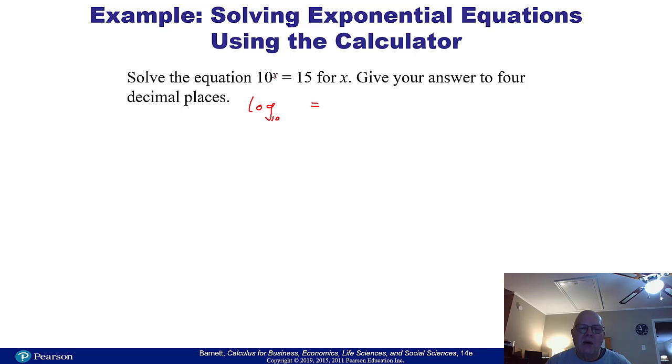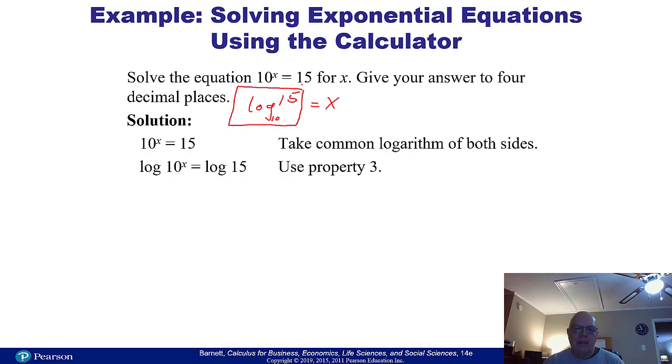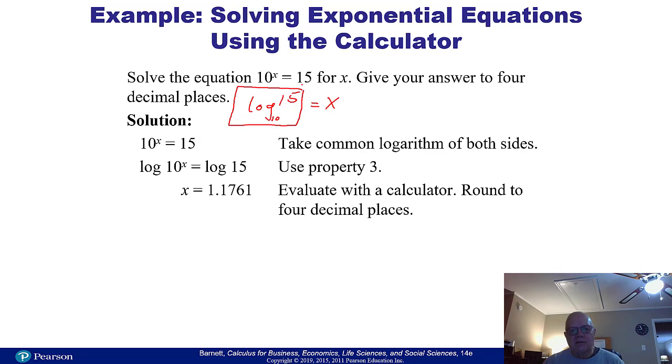There's my exponent right there. Where's the 15 go? Right there. And all I have to do is ask my calculator, what is the logarithm of 15 to the base 10? Or what's the common logarithm of 15? There you go. Which is what you'd expect. 10 to what power gives you 15? In particular, that's this number right here.